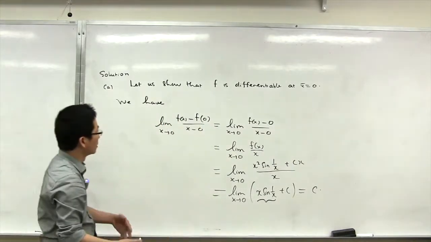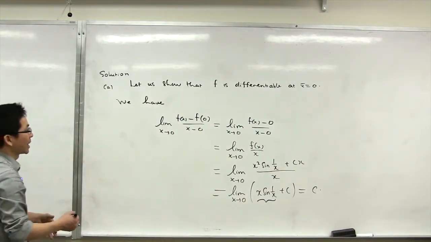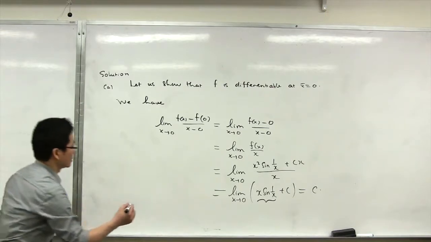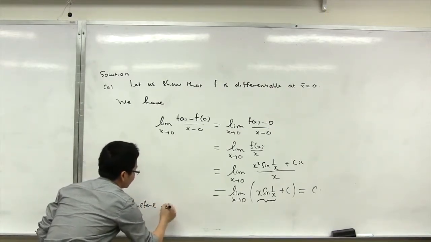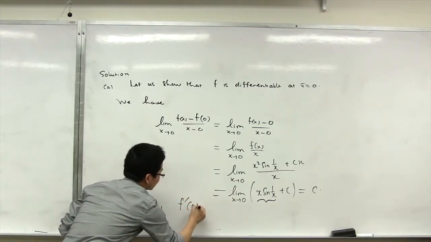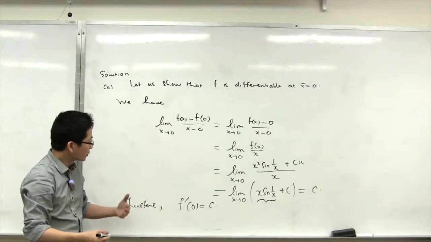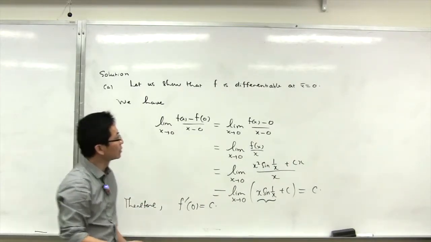Okay. So by the definition of the derivative, f is differentiable at 0, and the derivative at 0 is equal to c. Okay, so to summarize, we can write the derivative of the function as follows.